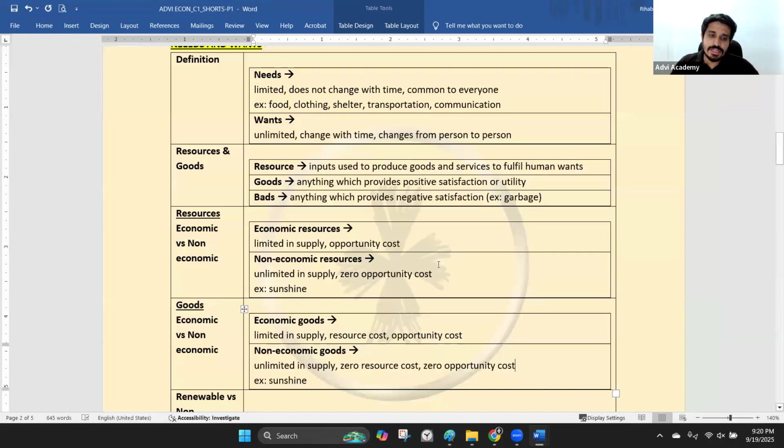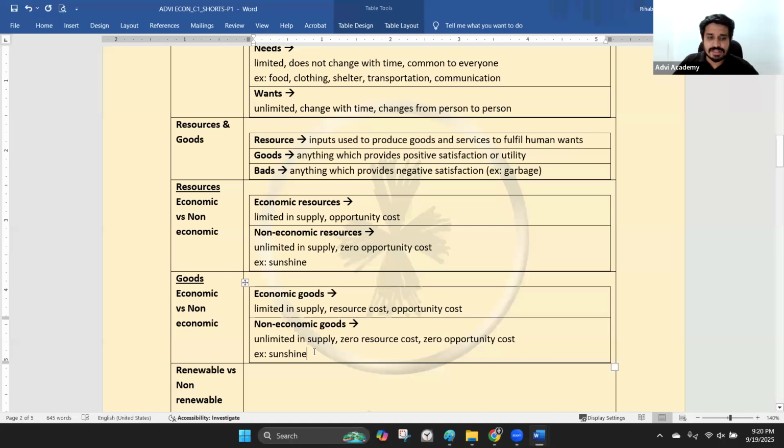To a certain extent, sunlight is an example we can give. Now, how can sunlight be a non-economic resource and a non-economic good also?